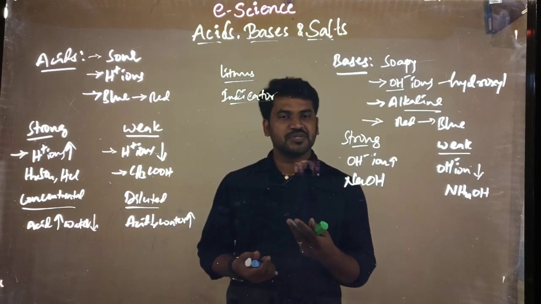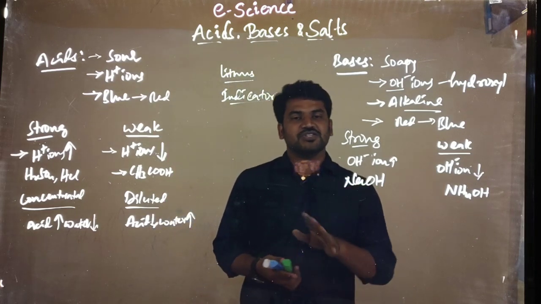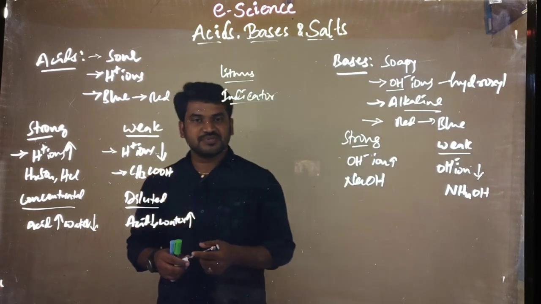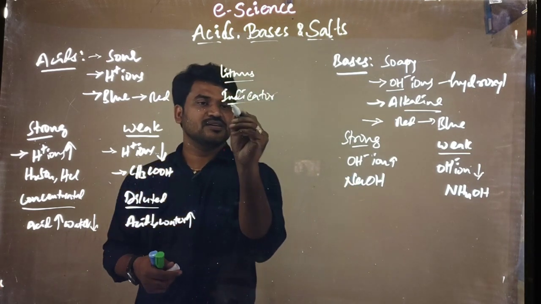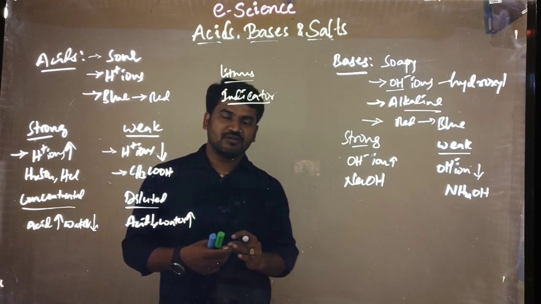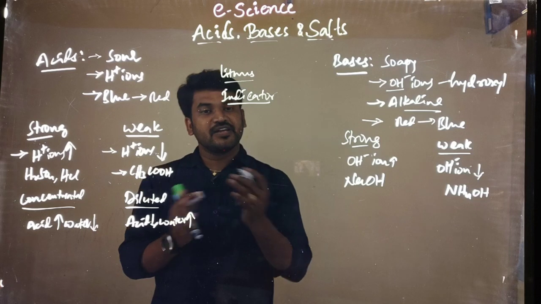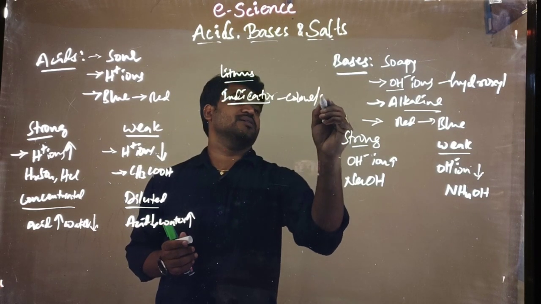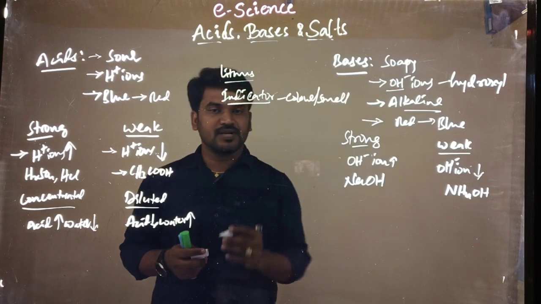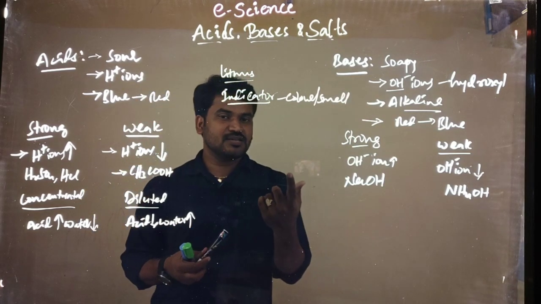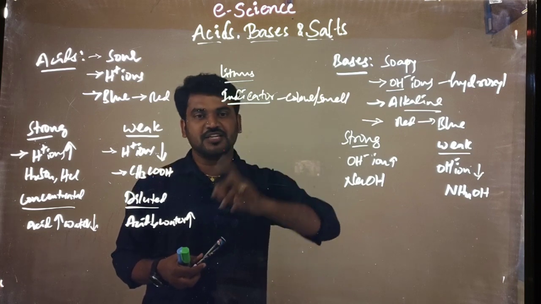So indicator means which is showing the result or showing something. Indicators are the substances which show a change, whether in color or in smell. That is, indicators are substances that can change their color or their smell.